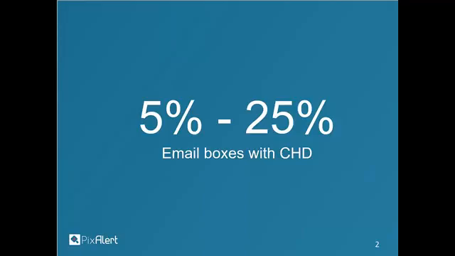In a recent managed service we ran for a multinational insurance company, CHD or cardholder data was found on actually 25% of all of their email boxes. The company in question ran the audit to get a better idea of the risk they had, and their estimation prior to running the audit was that they would find approximately 5% of email boxes with CHD.